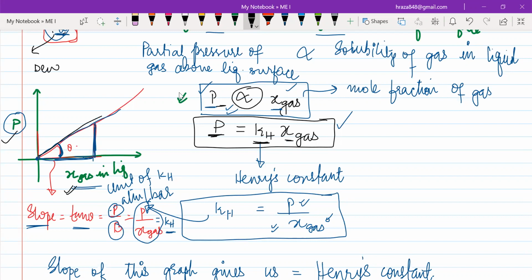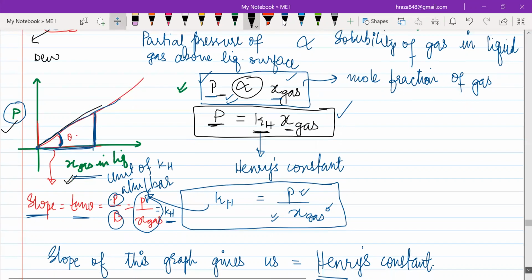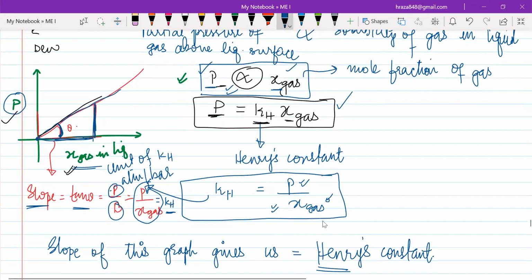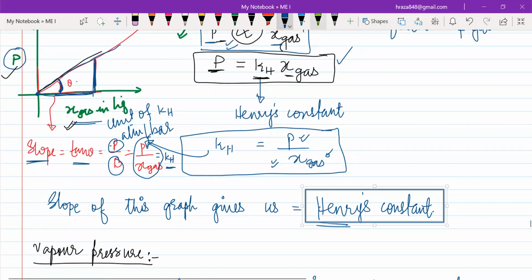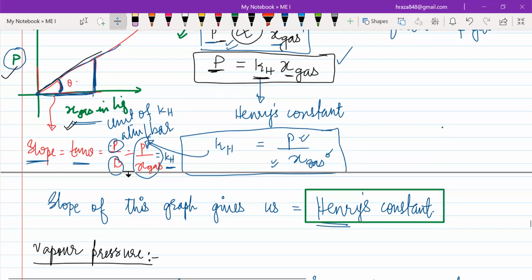Also, the important point is that the slope of this graph gives you Henry's constant. This is very important. Please do write. Take a screenshot of this.